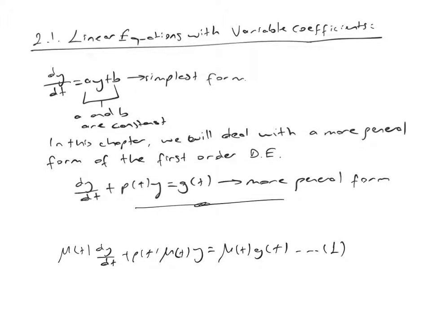And what we did here is by multiplying both sides with a function mu of t.